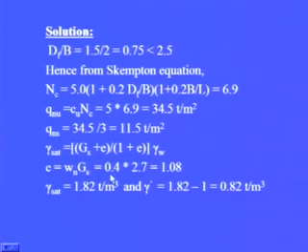Here water content is 40%, 0.4 into 2.7, so the void ratio will be 1.08, and hence, substituting this void ratio and unit weight of water, we get the saturated unit weight of soil as 1.82 ton per meter cube, and the submerged unit weight, if we simply deduct 1, that is gamma saturated minus gamma W, is equal to 0.82 ton per meter cube.